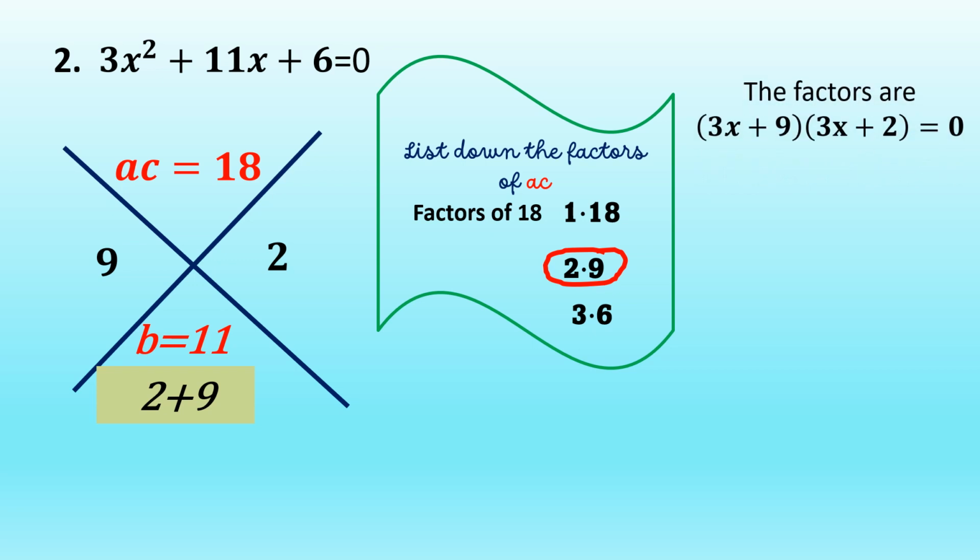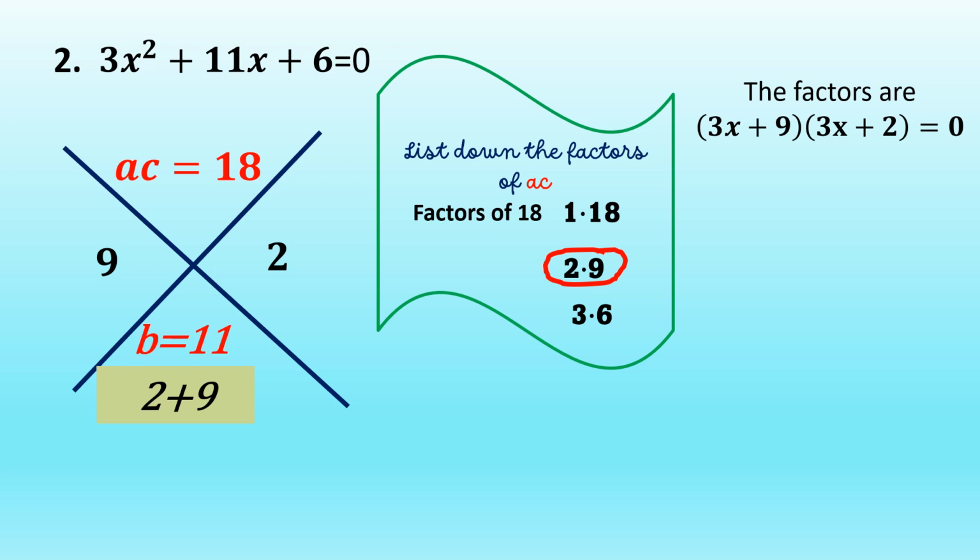So the factors are quantity 3x plus 9 times quantity 3x plus 2 equal to 0. But 3x times 3x is equal to 9x squared, and our original equation has 3x squared plus 11x plus 6 equal to 0. So we need to reduce one of the factors.